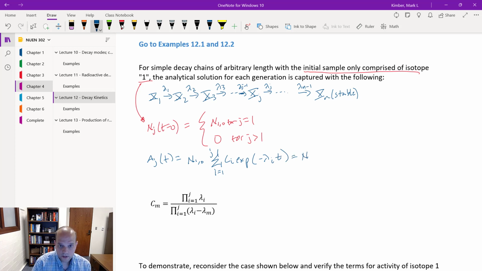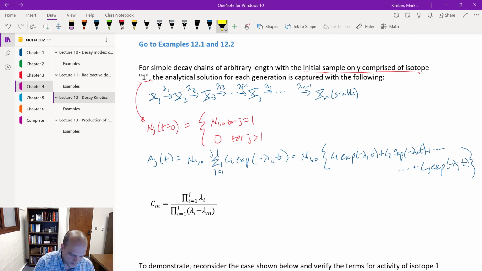And so this looks like the following, and then we're going to multiply this by C1 times the exponential of negative lambda 1 t plus C2 exponential of negative lambda 2 t, and so on and so forth until we get to Cj exponential of negative lambda j t.